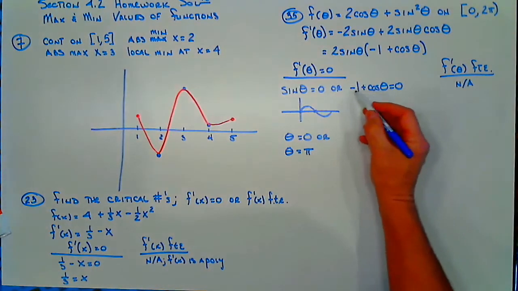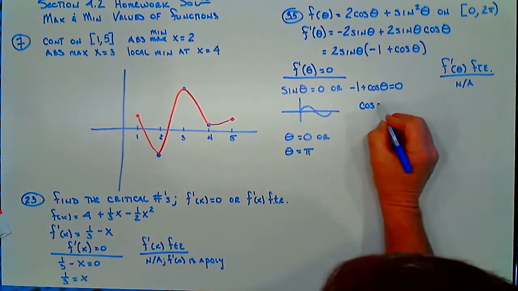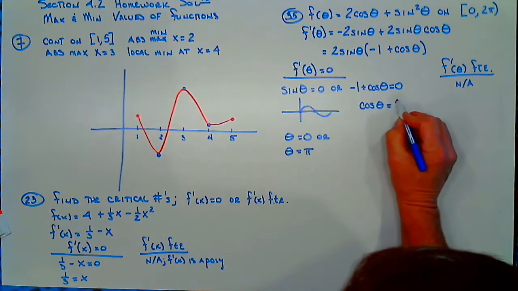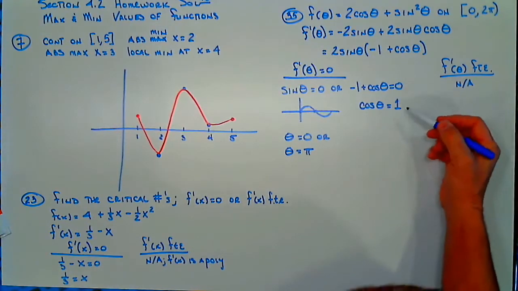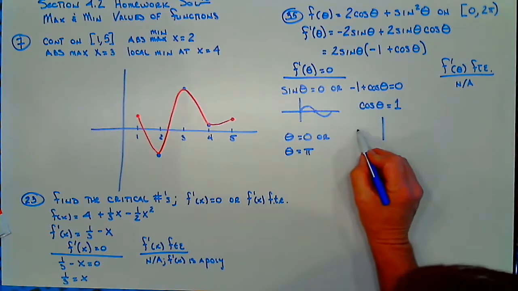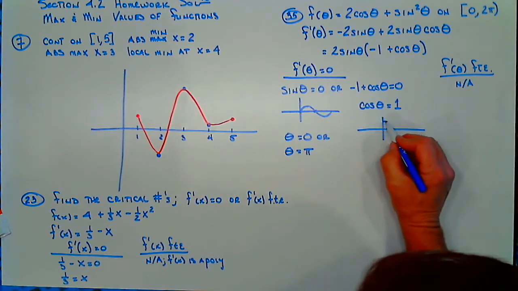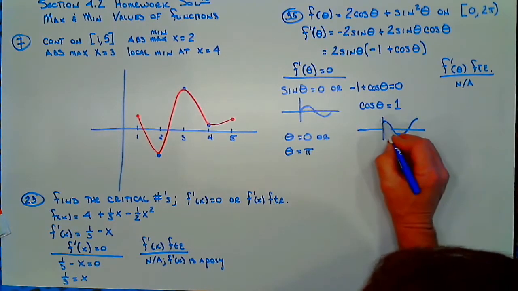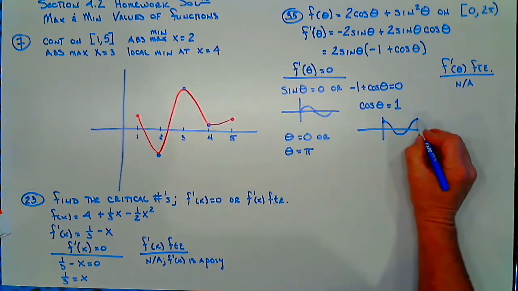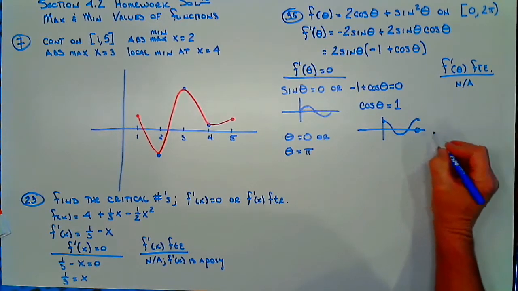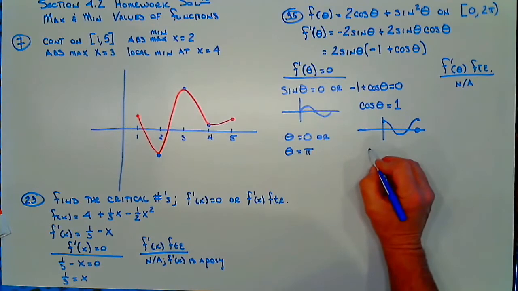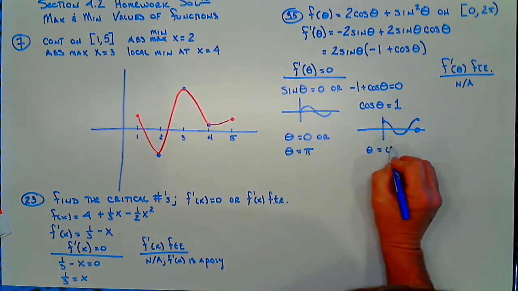Now, over here, this equation becomes cosine of theta equals 1, doesn't it? Now, how are we going to find a solution to that? Well, again, the easiest way to do something like cosine theta equals 1 is just to draw a graph. Cosine of theta equals 1 here and here, but of course, we're open at 2 pi, so we get, again, theta equals 0.